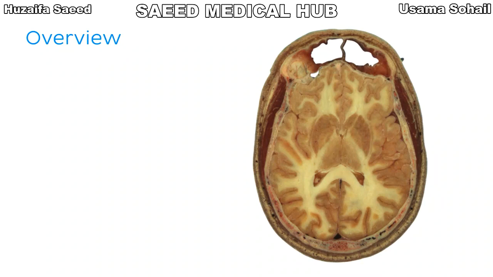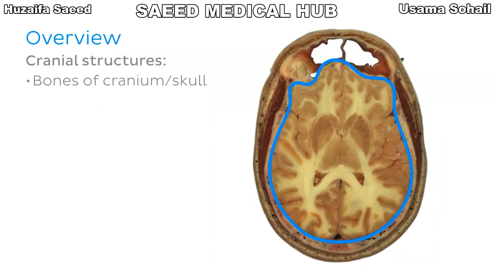We will begin with the cranial structures, which will basically concern the bones of the cranium or skull. We'll also be talking about some extracranial structures, meaning structures found around the outside of the skull.